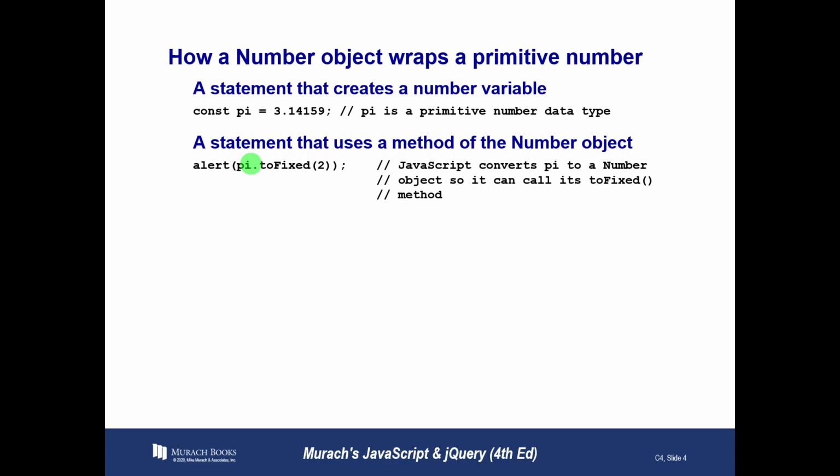So you don't really need to know anything to use them. You call their methods just like you would call them for any other object. And JavaScript automatically wraps the primitive in the number object and allows this to work. So JavaScript converts pi to a number object, so then we can call that number object's toFixed method.